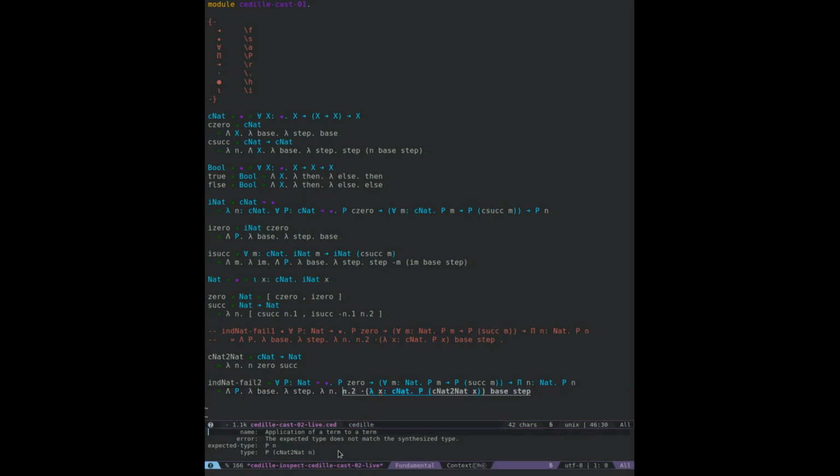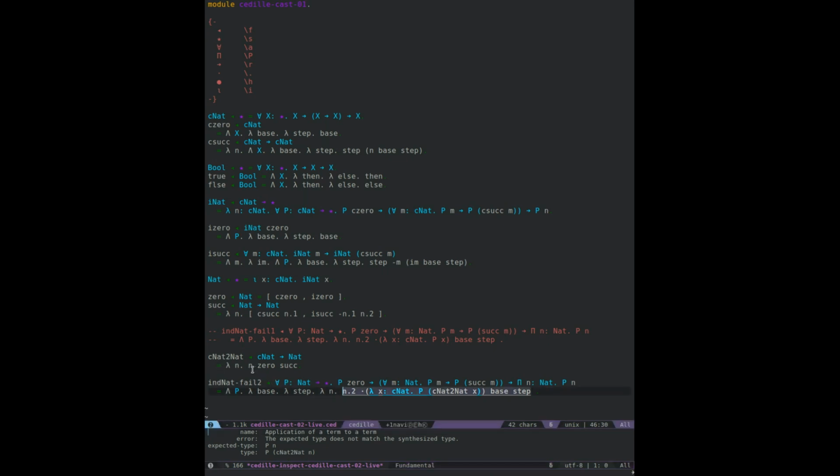So we've got a type error, but now it's an issue of conversion. Cedille is saying that I'm expecting a proof that p holds for n, but what you've given me is a proof that p holds for this converted n. And again, this would actually be more well typed. This would be cnat to nat in point 1. And we know, again, as we said before, we should have by a reflection law that cnat to nat in is just n.